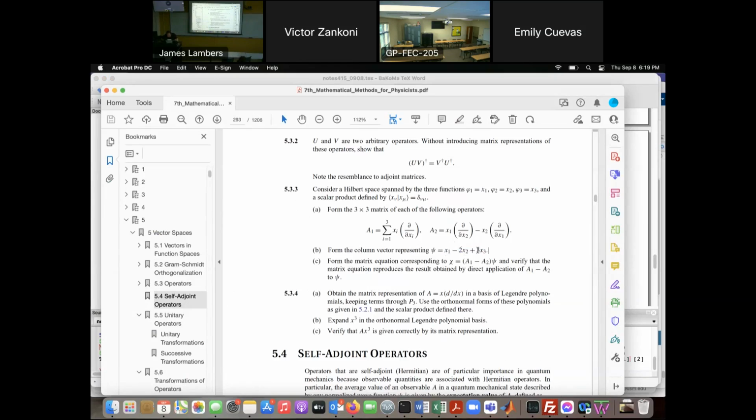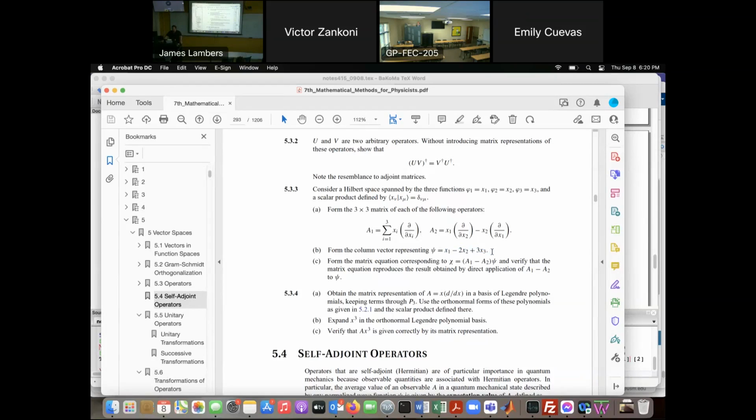So what should happen is that if you were to form your matrix for, say, A1, and then multiply it by the vector 1, -2, 3, that gives you coefficients of phi 1, phi 2, phi 3 for the result. And that should be equal to what you would get if you just apply the operator A1 to this function directly and wrote it in terms of a linear combination of phi 1, phi 2, phi 3.